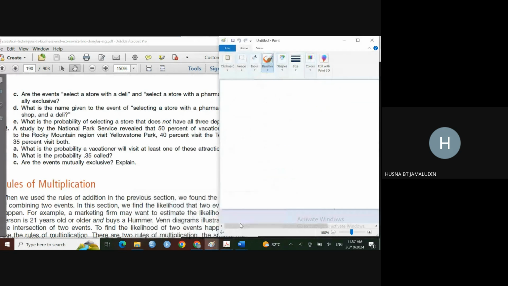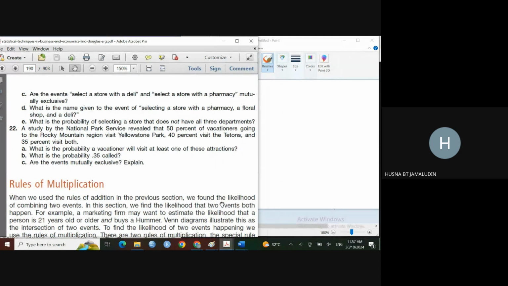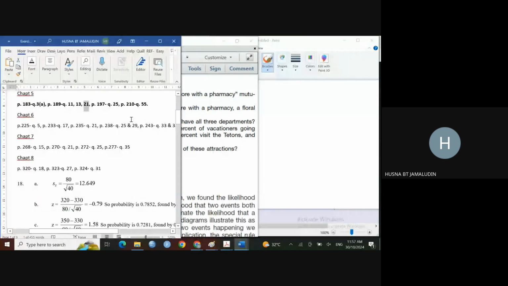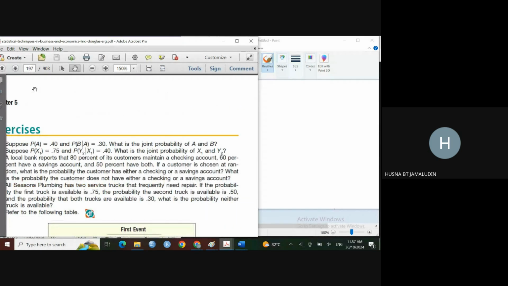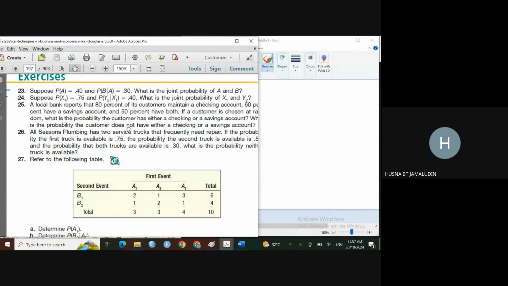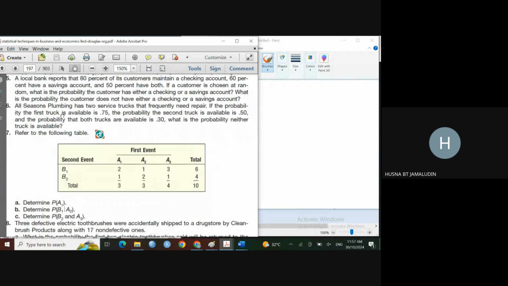Okay, next. This is number 22? Oh no, this is 21. So next is question number 25, page 197. I'll put it here.